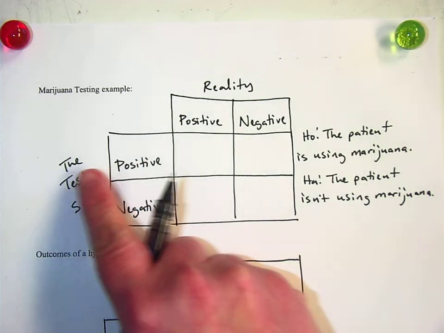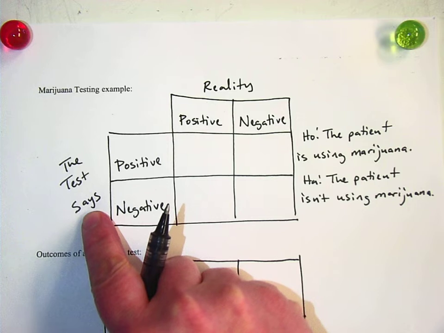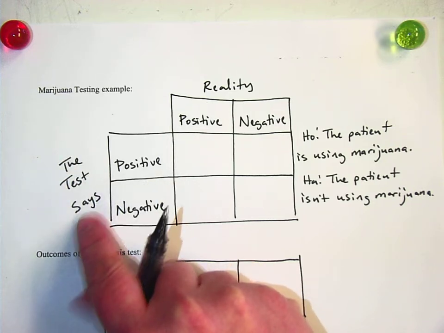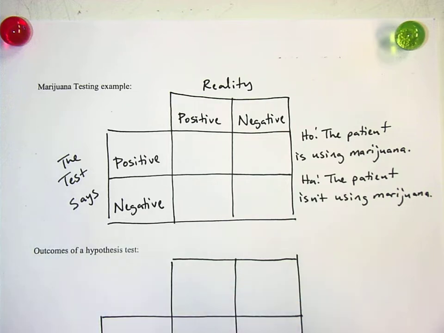So let's say that somebody takes a test, they give a test to a potential employee, to see if they've been using marijuana.